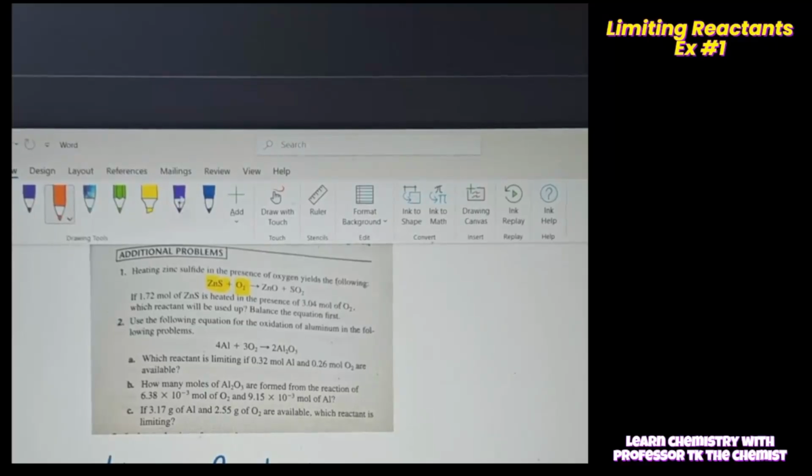Well, based on what we already know, the one that gives you the smallest moles, that is your answer. So in this particular case, zinc sulfide is the limiting reactant. Okay? Zinc sulfide is your limiting reactant.